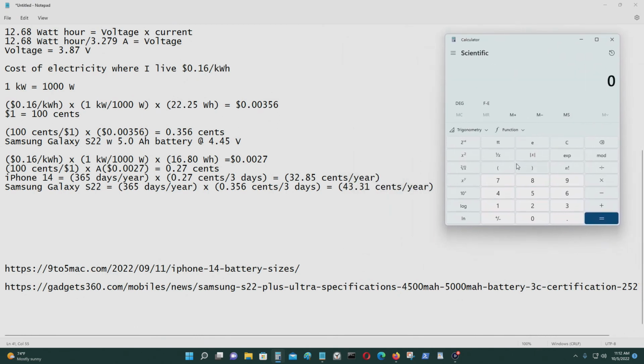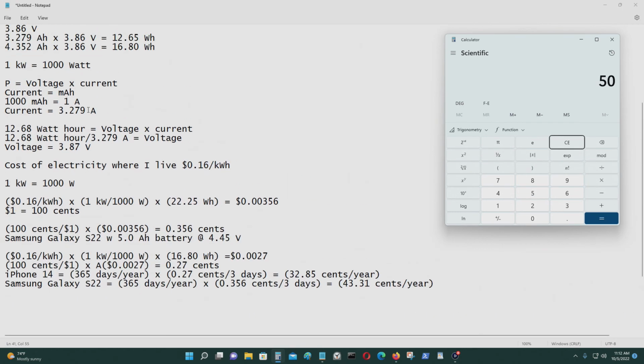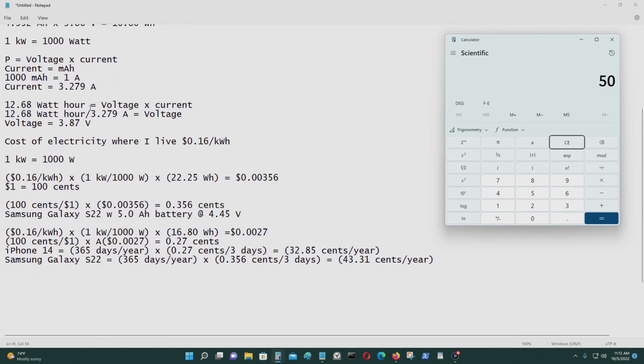So let's say the price of electricity went up to 50 cents. So roughly 16 cents to 50 cents.